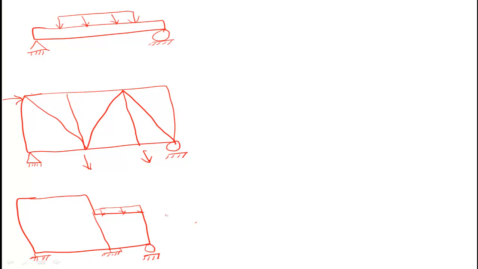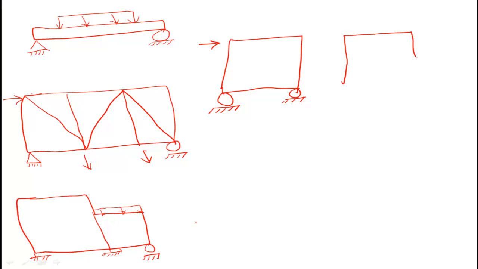Now we consider a simple frame structure supported by two roller supports, one on each end. If a load is applied on the left side of the beam, this frame will tend to move.